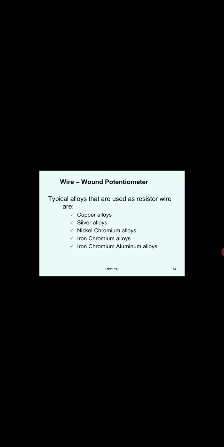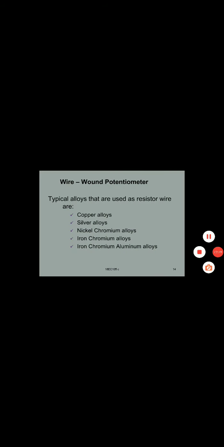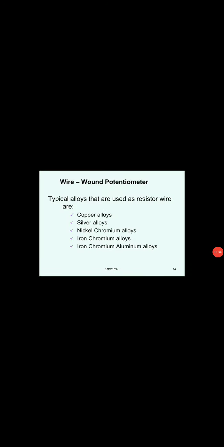The typical alloys that are used as the resistor wire inside the potentiometer are alloys of copper, silver alloys, nickel chromium alloy, iron chromium alloys, and iron chromium aluminum alloys. But more commonly, people will be using the nickel chromium alloy, usually called as nichrome wire.